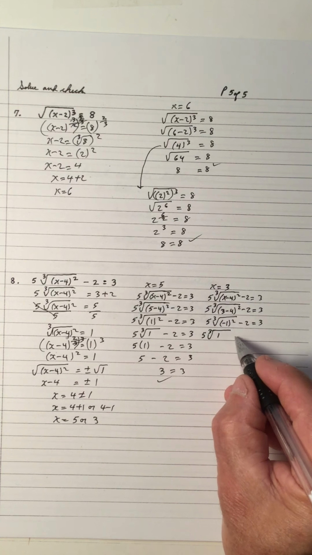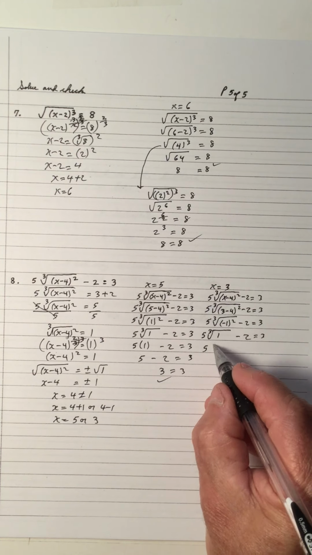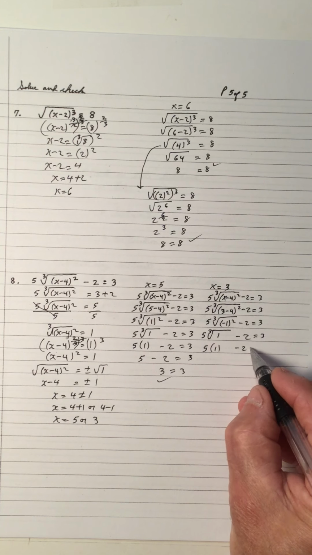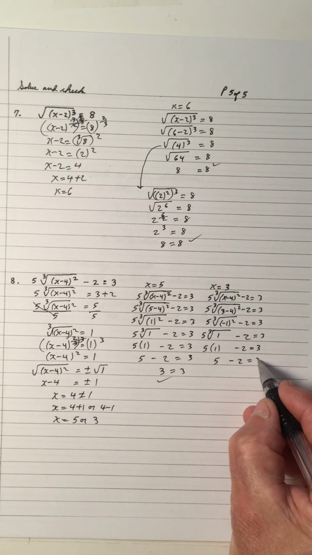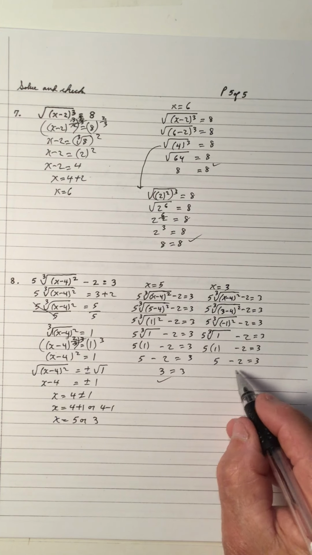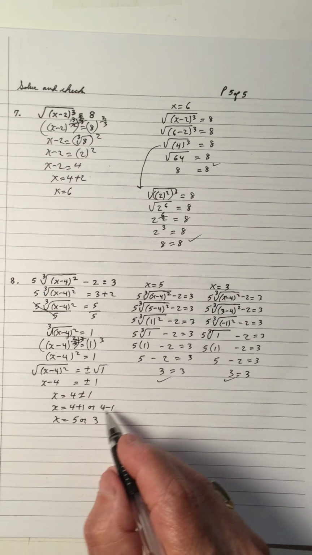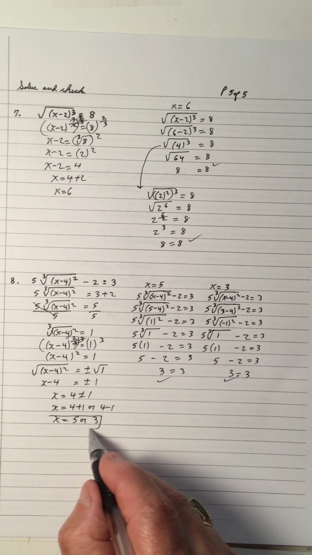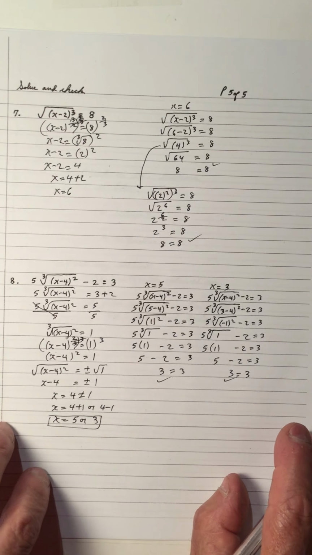Negative 1 squared is 1. Cube root of 1 is 1. Five times 1 is 5. 5 minus 2 is 3. 3 equals 3. So there's two solutions to this equation, 5 or 3.